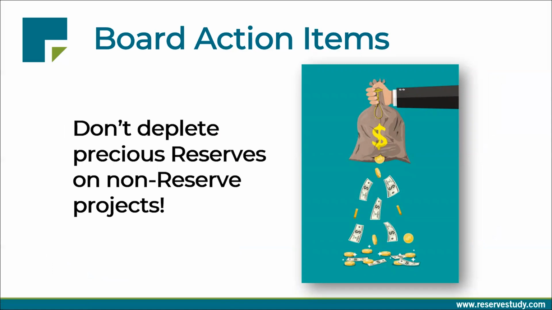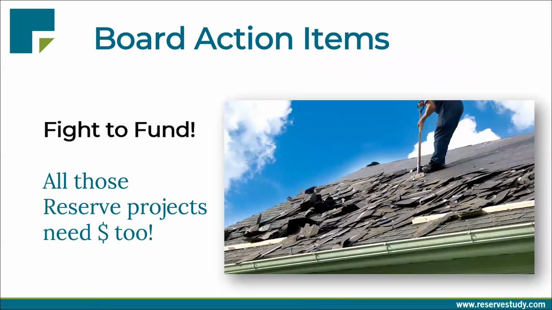We don't want you letting your reserve money leak out to other things, especially not leaking out to the operating budget. The operating budget needs to be standing on its own because you're going to need to fight for those reserve projects. All those reserve projects need dollars too. If someone is saying, but our insurance has gone up, and yes, your insurance has gone way up over the last 12 or 24 months, but your roof is getting more expensive also, and your roof is not going away, and your roof deteriorated a whole bunch last year.